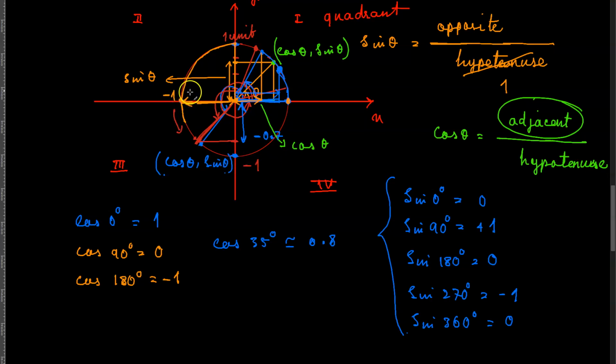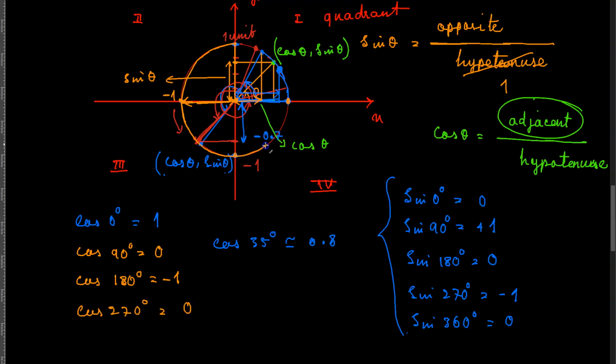But the absolute value of the number is decreasing, although it's a negative number. You can just keep going in this direction until you get here, and when you get here, the length of that line along the x-axis is 0, which means that the cos of 270 degrees is equal to 0.